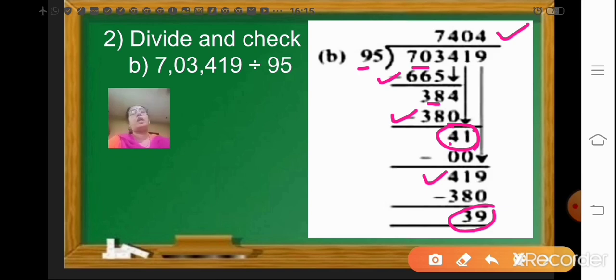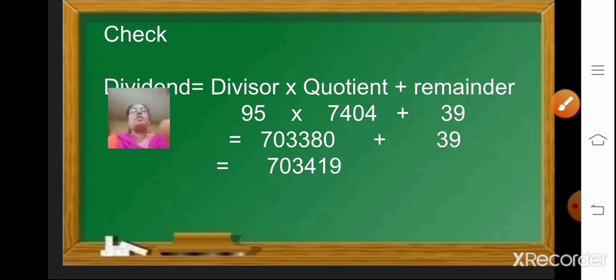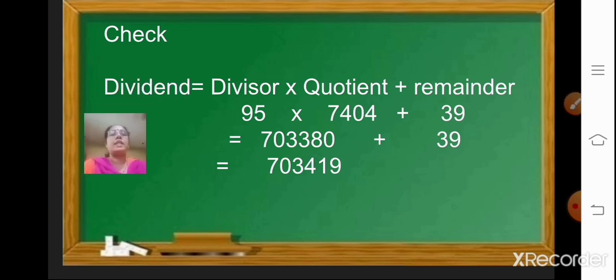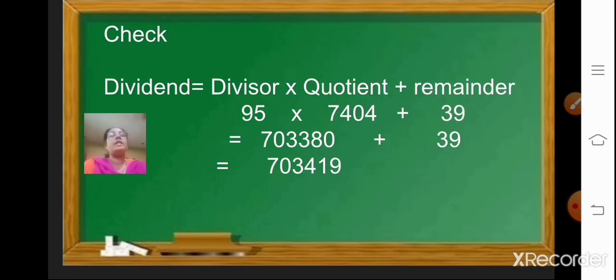Now how to check whether your division is correct? So to check whether your division is correct, this is the formula, that is dividend is equal to divisor into quotient plus remainder. Your divisor was 95. The quotient what you got was 7,404 and remainder was 39. So divisor into quotient plus remainder.